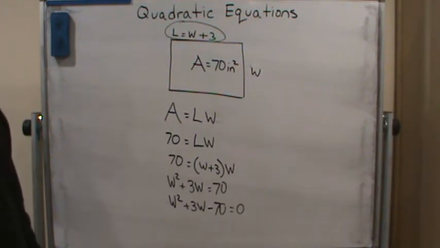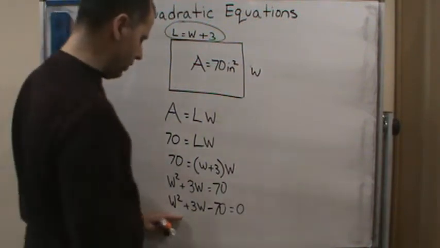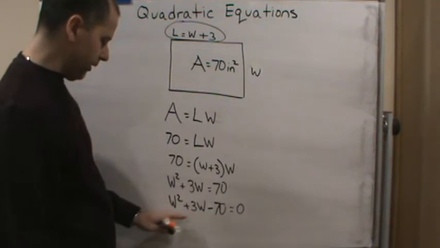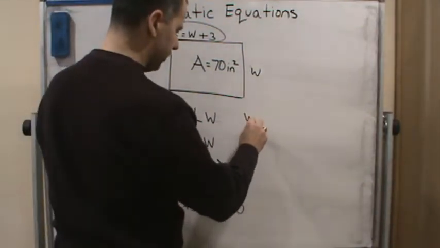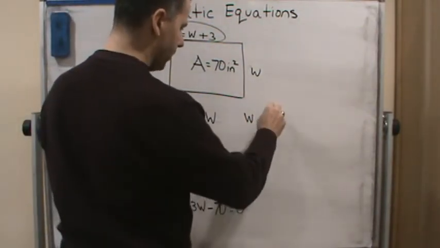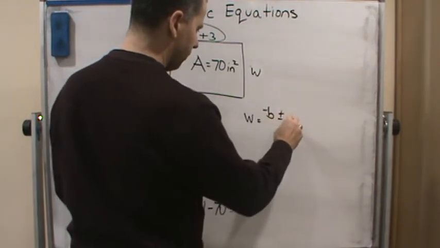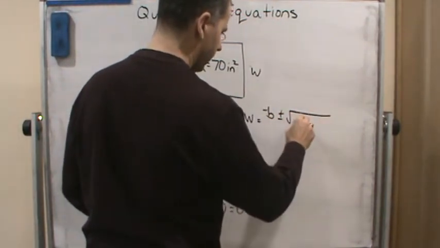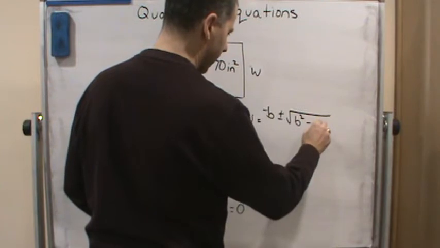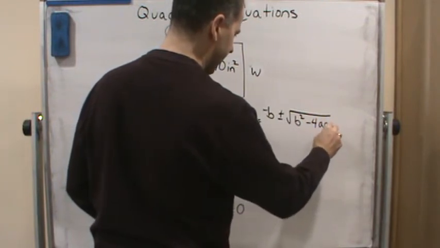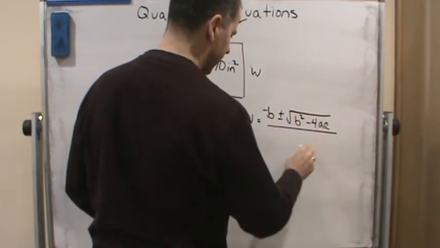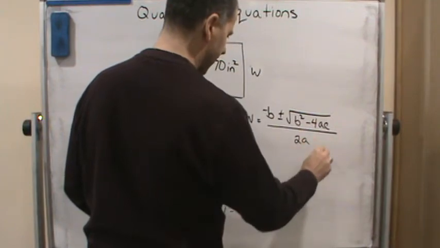It's time to use the quadratic formula. Since W is the variable, W is equal to negative b plus or minus the square root of b squared minus 4 times a times c, divided by 2 times a.